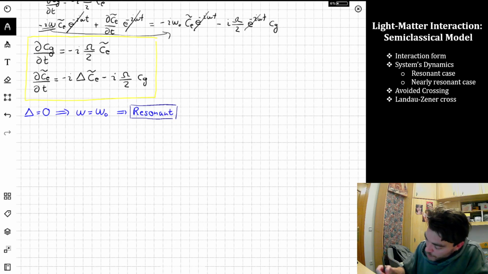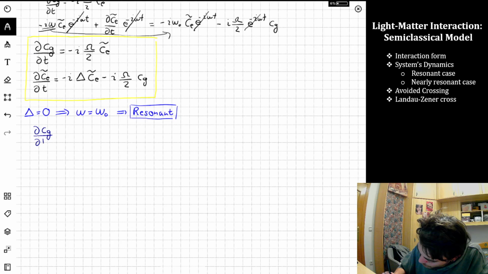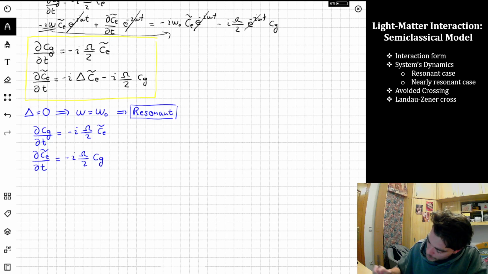And in this resonant case, the equations simplify to, well, the first derivative is the same, omega over 2 Ce, and in the second derivative the first term is now 0, and it simplifies to these equations here, and these equations are very symmetric, right?